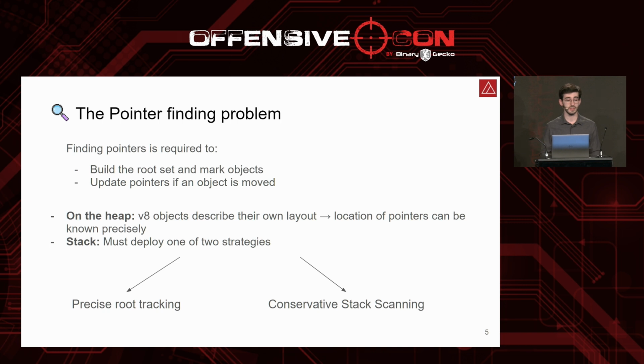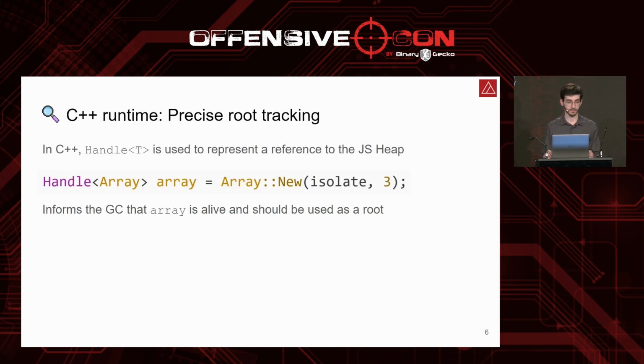So to deal with this, we need to use one of two strategies, precise root tracking or conservative stack scanning. And an ongoing project in V8 is to move from precise root tracking to conservative stack scanning. So we will discuss both options and see why they want to switch. Currently in the V8 codebase, there's this special class called handle that's used to represent references to the JS heap.